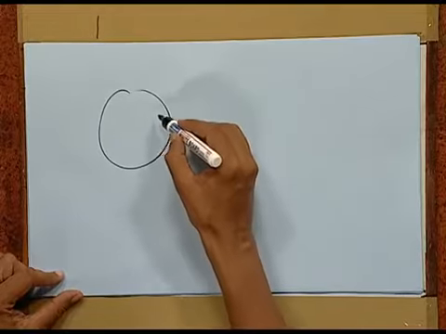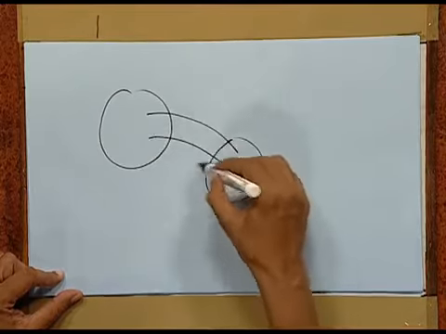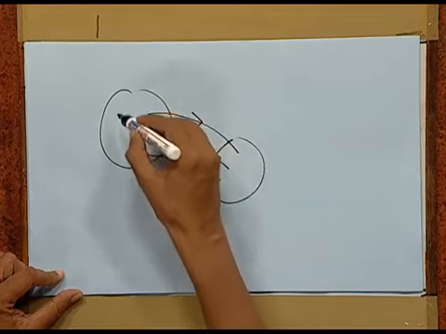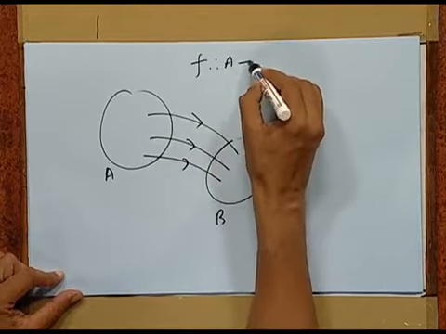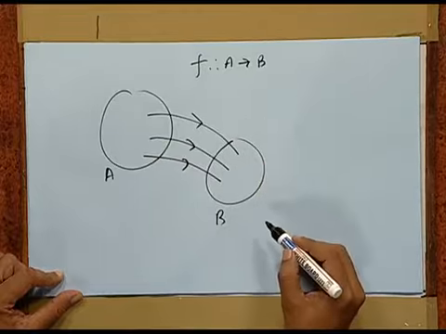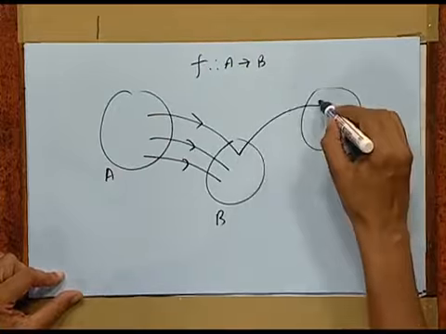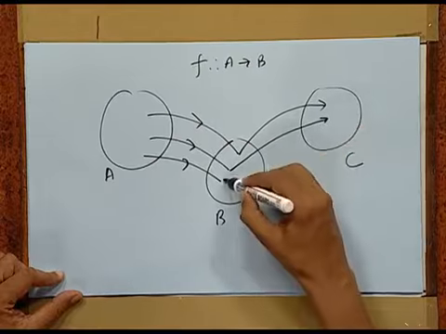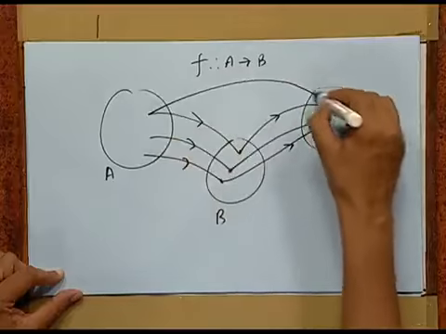For this, let us take one example. We have a function f from A to B, and we also have a function from B to C. Now this linkage of two functions can have direct linkage from A to C like this.